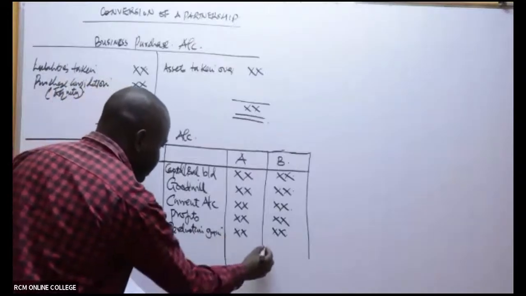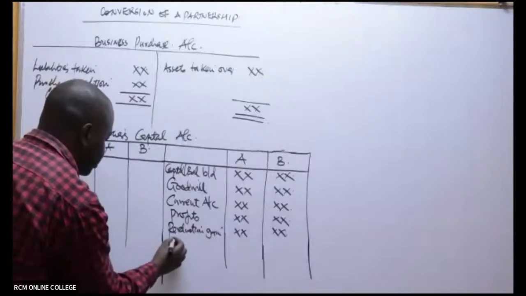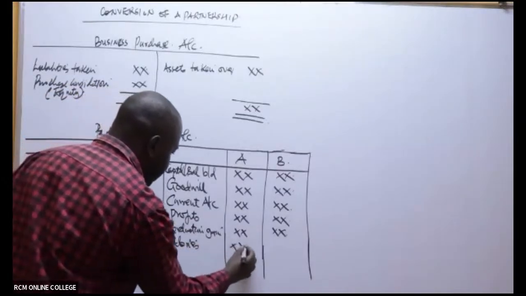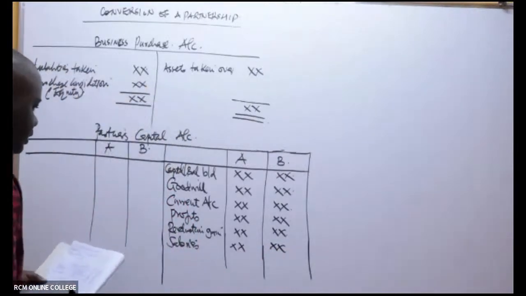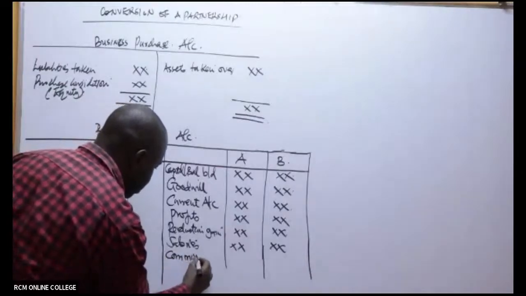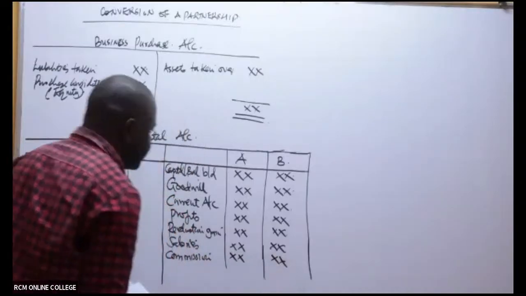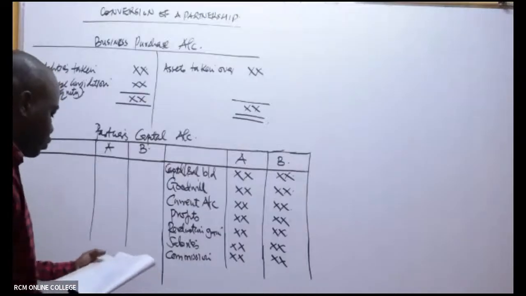They might have been paid salaries; that is part of what you normally adjust in the current account. So you'll credit it here, salaries to partners that they were supposed to have realized by the time they were converting. Maybe there can be a commission to the partners. So all the benefits that the partners realize, you'll credit them in the partners' capital account.